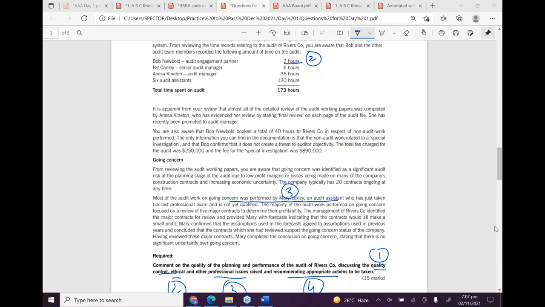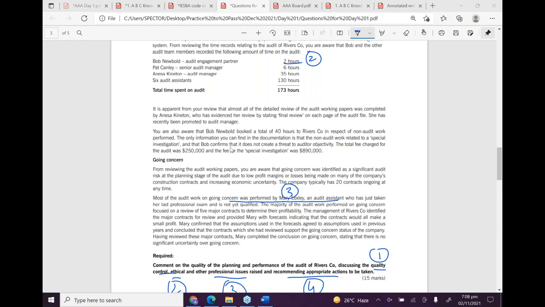Dua, very well done, very well worded. Adil, no marks for familiarity until you explain what familiarity is. So judgment compromised due to long association, huh? The auditor will be too sympathetic because of the close relationship and therefore judgment would be compromised. I'm going to mark Dua's answer as well.